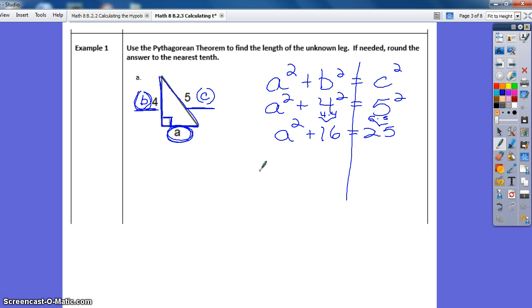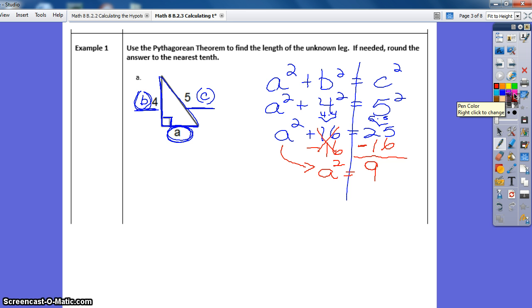Now what do I do? Red Rover, send over the 16. How do I do that? The inverse operation is minus. Good, minus 16, excellent. So positive 16 and a minus 16 makes 0, so you still need to bring down your A squared equals, now what's 25 minus 16? 9.